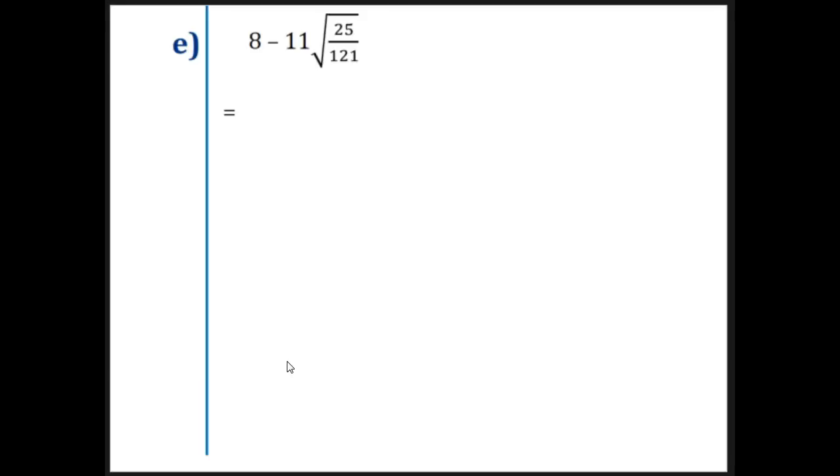So I'm going to bring down my 8 and my negative 11, and then in parentheses, because I am multiplying, what is the square root of 25? 5. You should have it on your note card. What is the square root of 121? 11. So my fraction is going to be in parentheses 5 over 11.